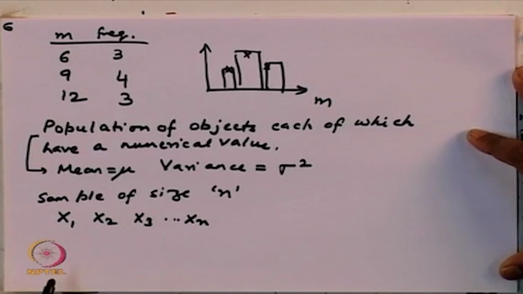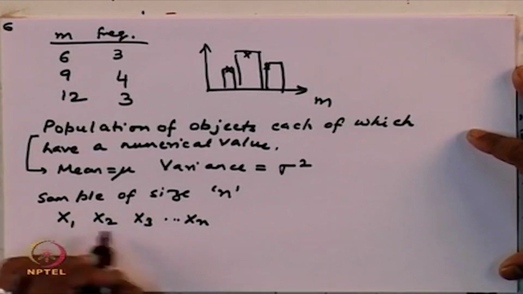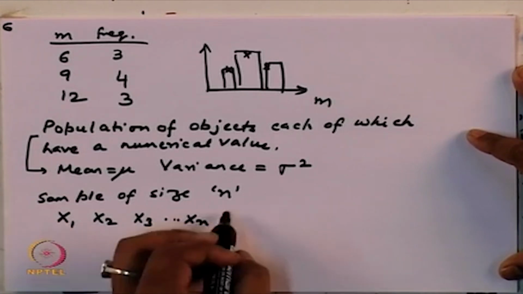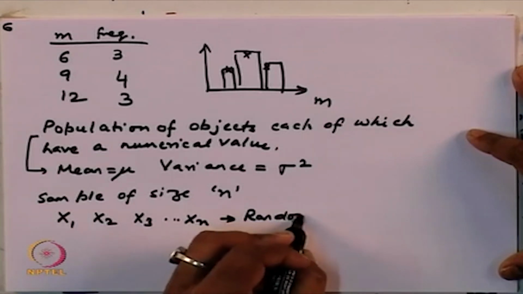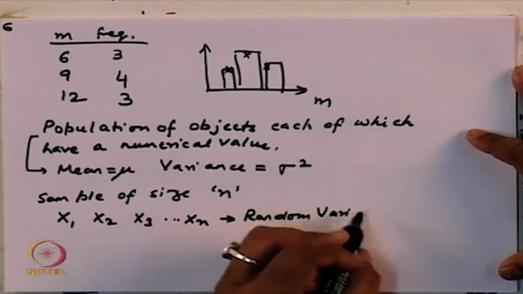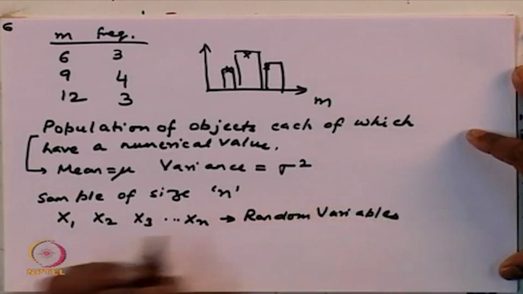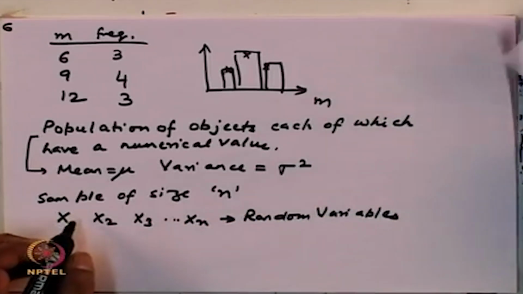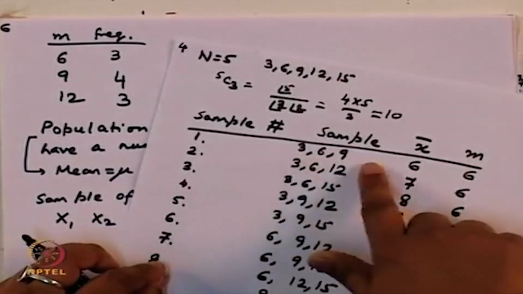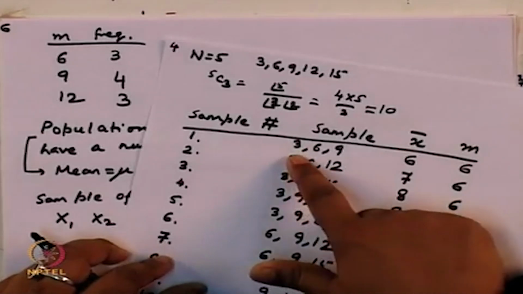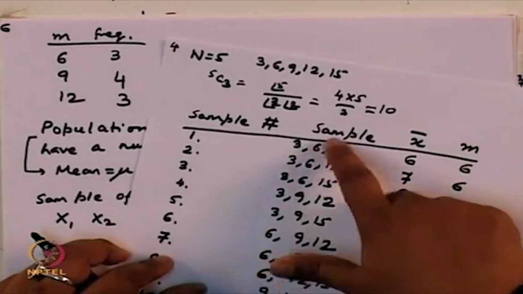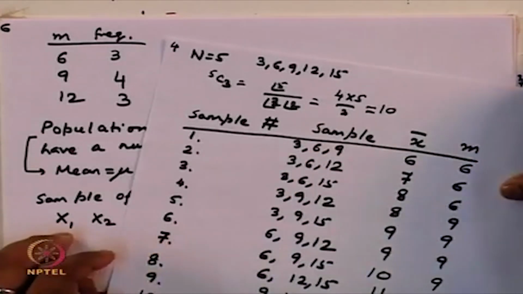Each of these x's are random variables. As in the previous case, you can see that each of these numbers is a random variable. The first number is x1, second is x2, third is x3, and each of them can take different values.